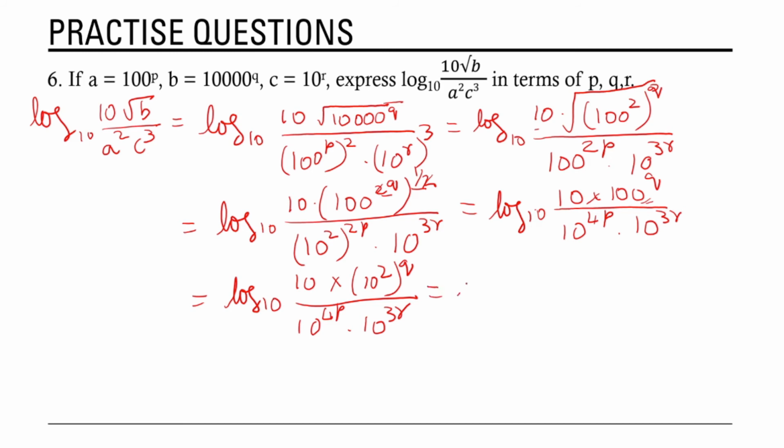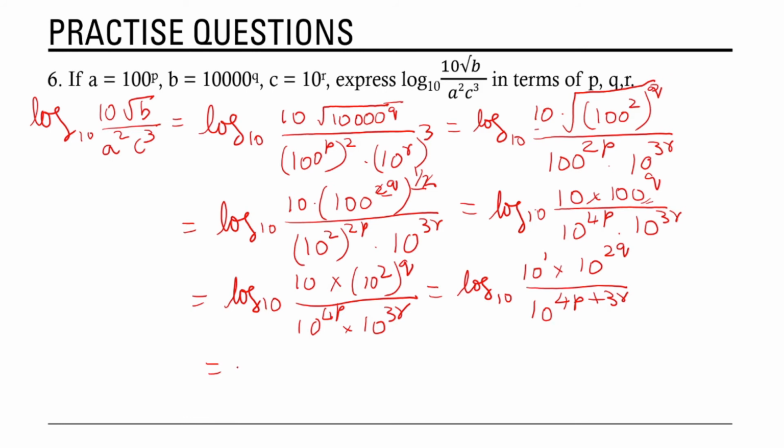So, this is equal to log of 10 raised to 1 into 10 raised to 2q divided by, here this is of the form a raised to n into a raised to m, it is equal to a raised to m plus n. So, 10 raised to 4p into 10 raised to 3r is 10 raised to 4p plus 3r.